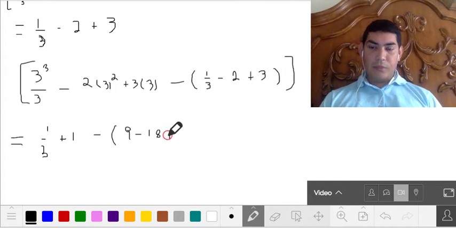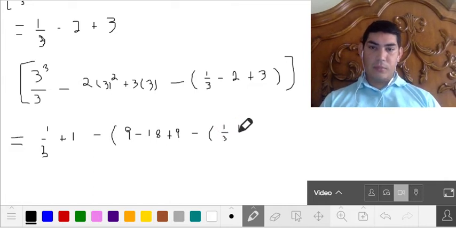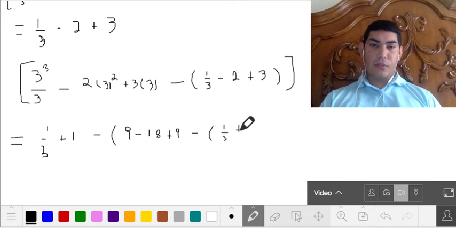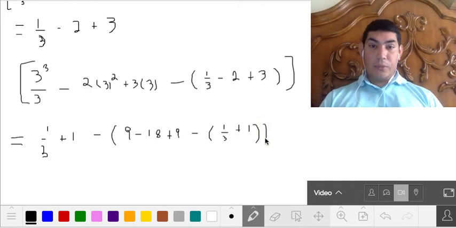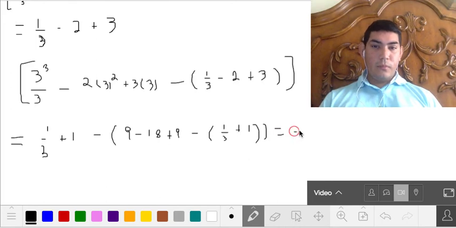Plus 3 times 3, which is 9. Minus 1/3 plus 1, because negative 2 plus 3 equals 1. So I'm going to leave you to double check that math. It's going to be equal to 8/3 as our solution for this integral.